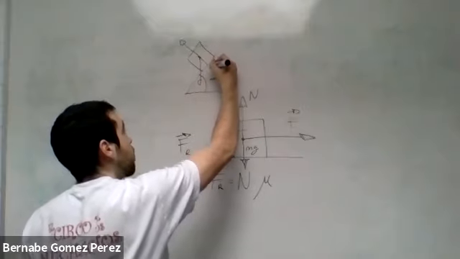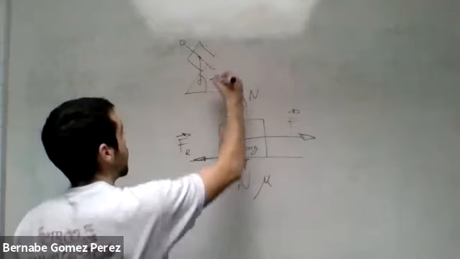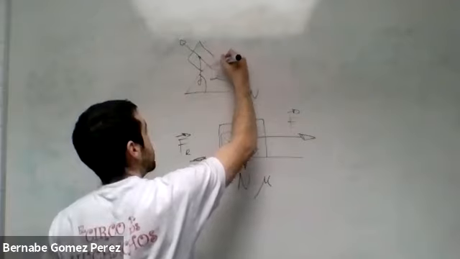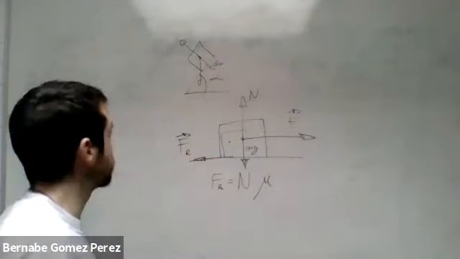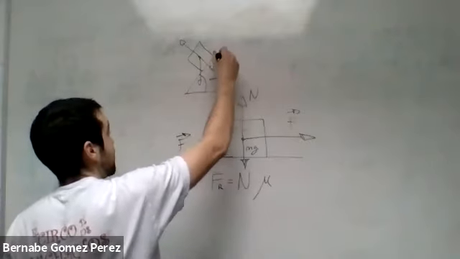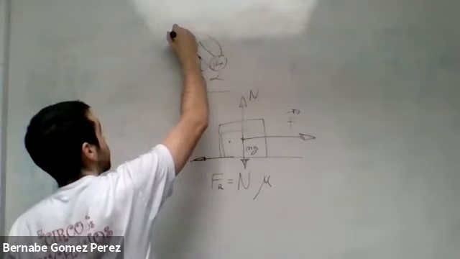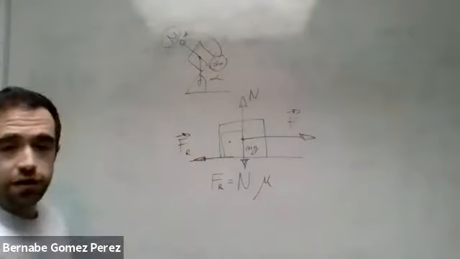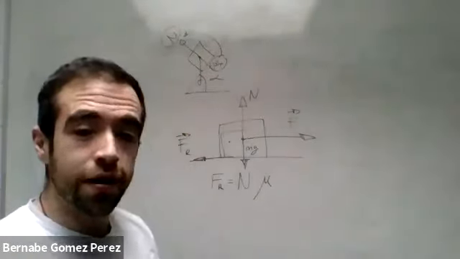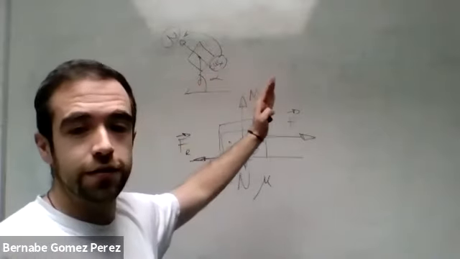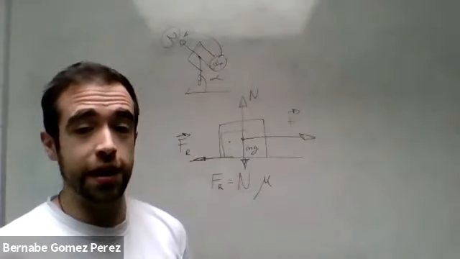So we have to decompose the weight first. Once we have W, let's call it Wx as the component perpendicular to the surface, then we can relate Wx to the normal force. But this Wx is just a part of the weight, which becomes smaller as the slope increases. I hope this makes sense.